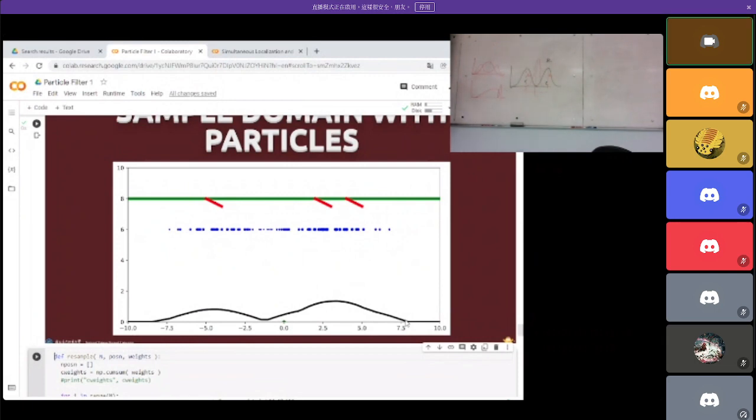And then we draw from this distribution so that the particles that have a high weight are more likely to be drawn. And then I just generate 100 new particles.